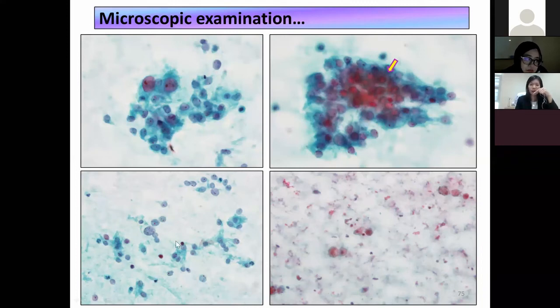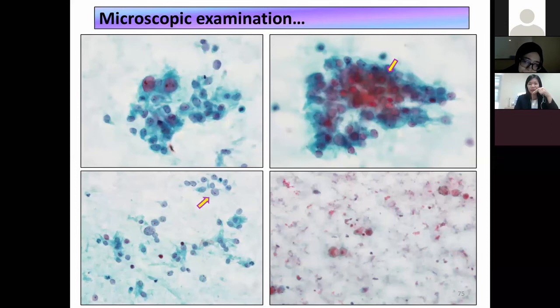So this case poses a dilemma to me, whether to call it a PTC or something else. But looking at this pale, powdery chromatin pattern, with inclusions here and there and grooves very occasionally. This is to show macrophages, to see if it's like a cystic variant of a PTC.